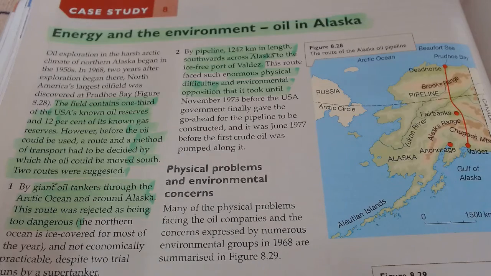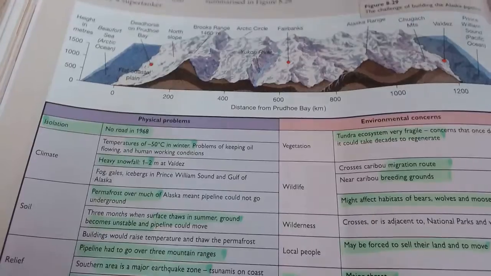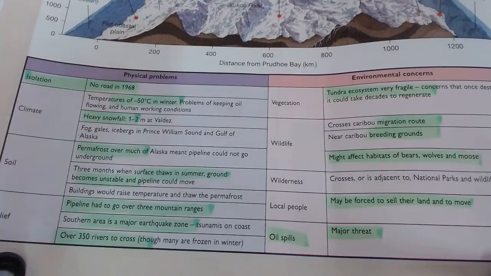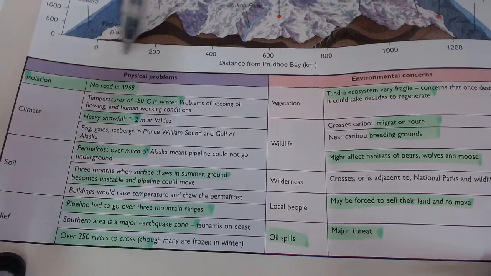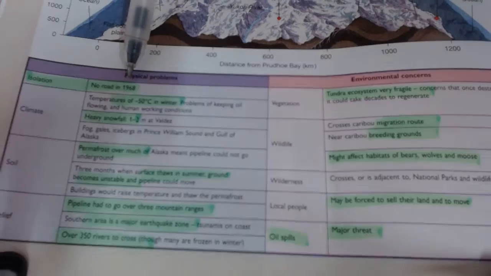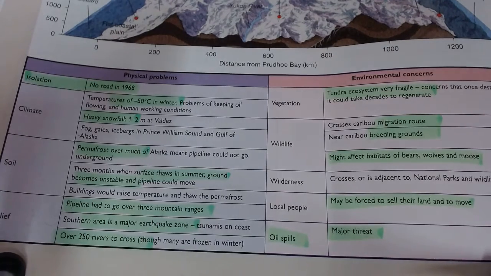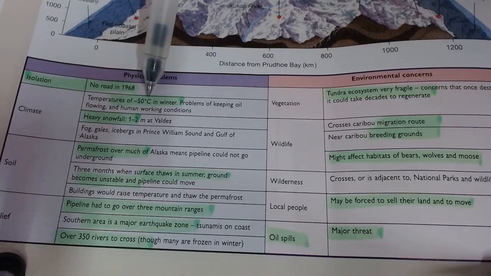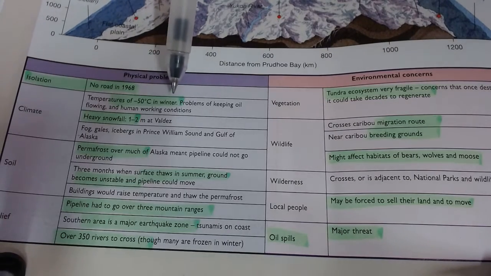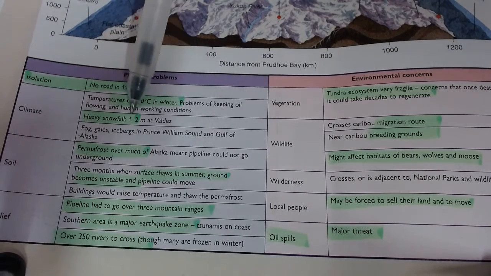All right, so let's have a little look at some of the impacts. This is just to try and give you an idea of just the lengths people will go to for energy. Physical problems: isolation, there's no road there at all, no way to get there, so they have to build everything from scratch. Temperatures of minus 50 degrees in winter, okay, heavy snowfall.